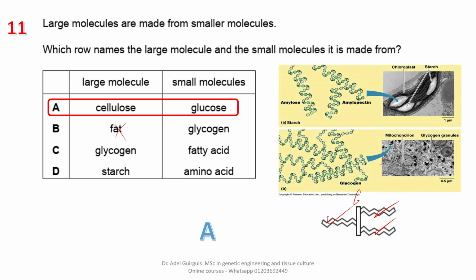Glycogen is a highly branched polymer of carbohydrate found and stored inside muscles and liver. It is a polymer of glucose units, excess glucose units. What about starch? Starch is also a polymer, made from many basic units called glucose. So the answer is A.